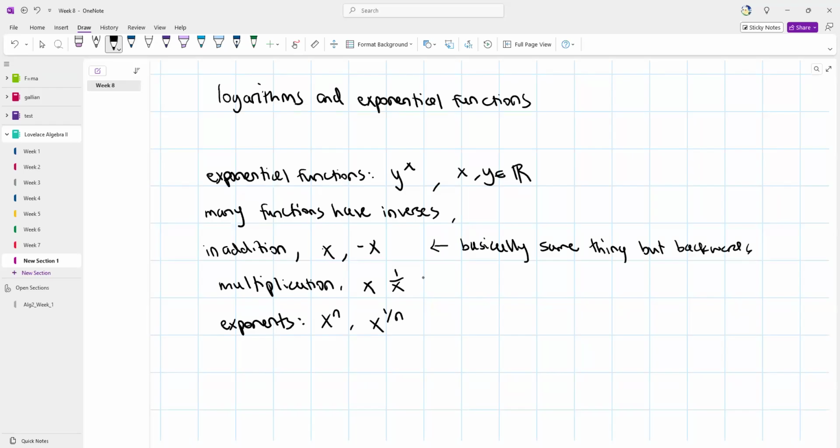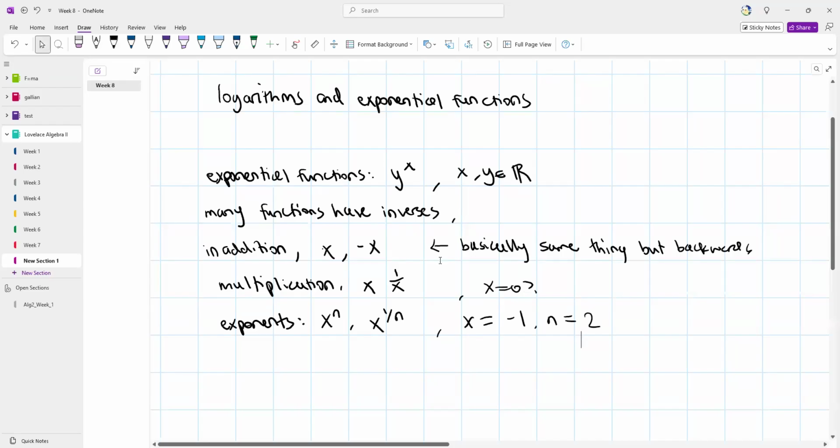For example, what if x is equal to 0? Then it wouldn't necessarily have an inverse. And over here, what if x is equal to -1 and n is equal to 2? Then, as we said before, it's not necessarily an inverse, because x squared and the square root of x squared is different.